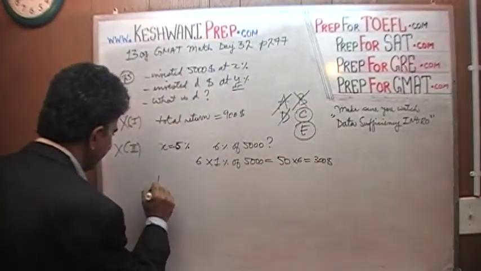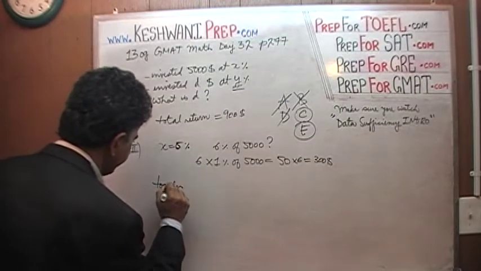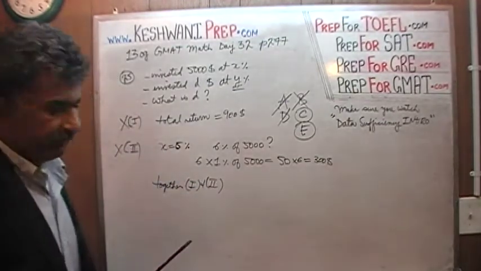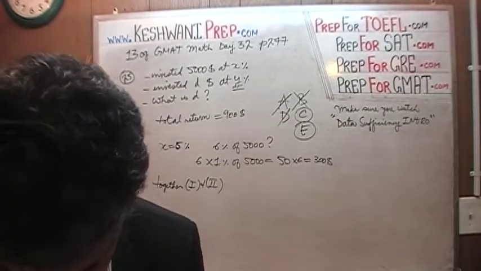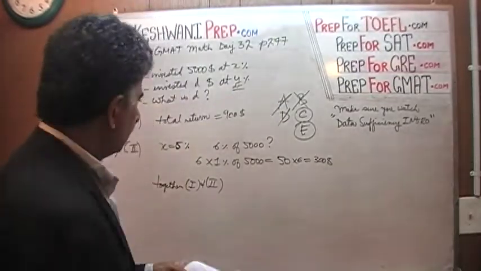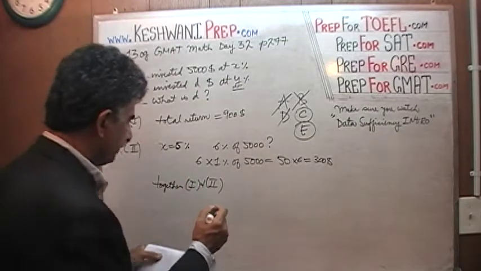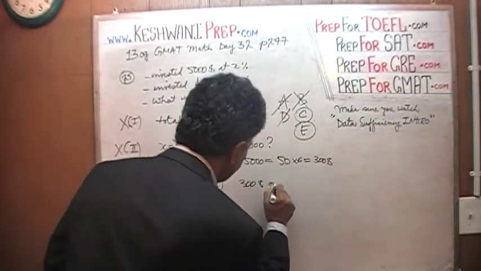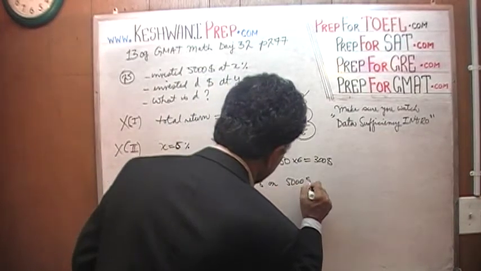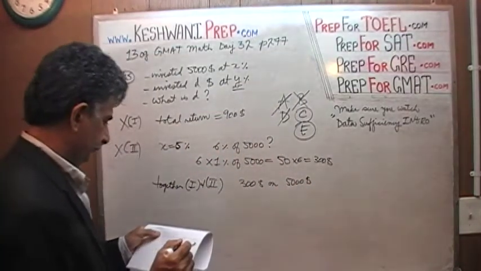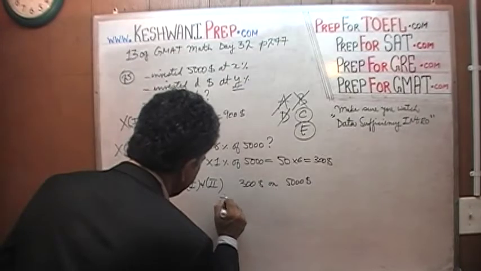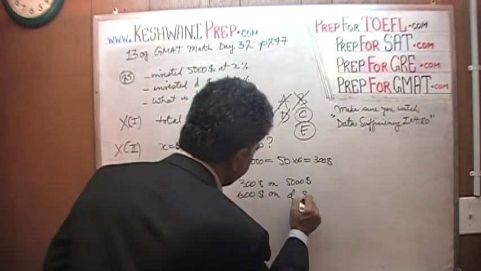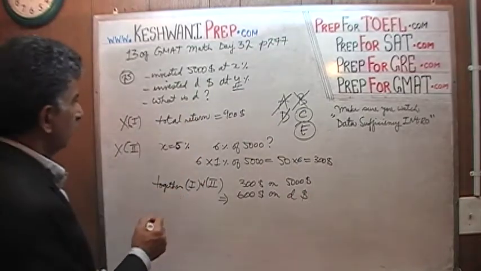Let's put them together and see if that helps. Putting them together, from the second statement, we know that she made $300 on $5,000, which implies that she must have earned $600 on D dollars, because we know the total return is 900.